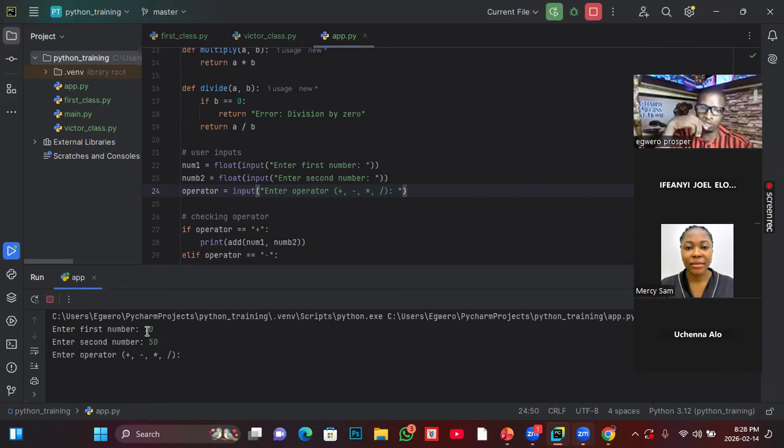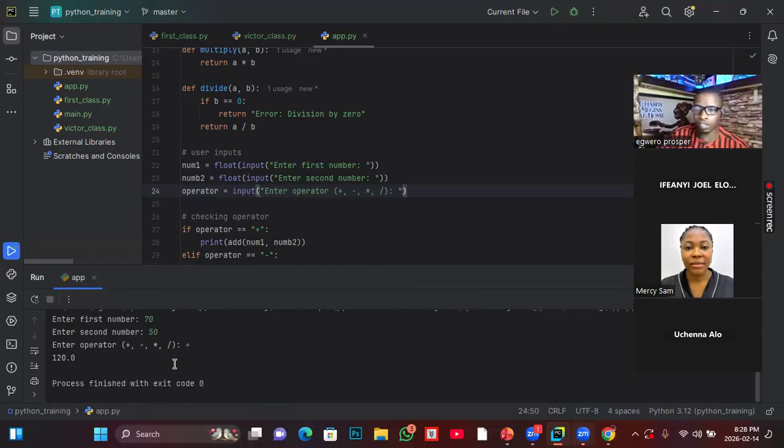If you choose plus, it will add these two numbers. If you choose minus, it will subtract the two numbers. If you choose times, so let me choose plus. Once I choose plus and I press enter, then I get the outcome.